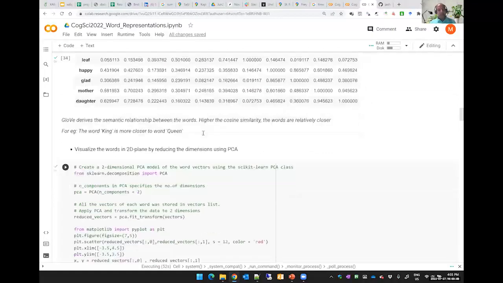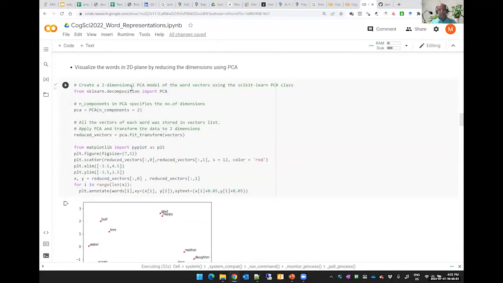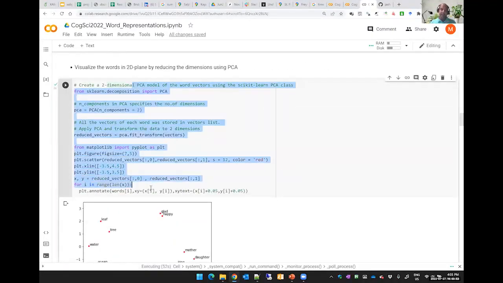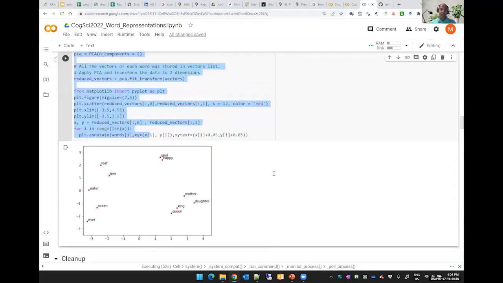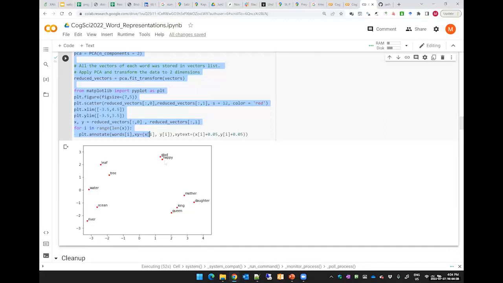In fact, the later part of the notebook takes these 50-dimensional embeddings and reduces the dimensionality to just 2 using PCA, so that we can visualize those representations. You can visualize and say that, yes, glad and happy are similar because they are close together in this representation space.